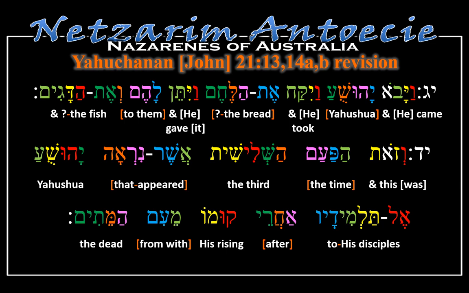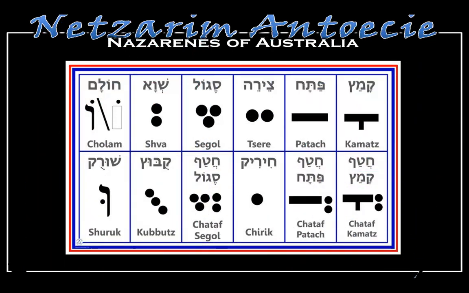And I hope you did okay in going through the revision there. And of course, we always like to look at the vowels just so that we have a remembrance of their names and how they're used. So we'll just choose the top line today. It's a cholam. So as we hear from the first vowel sound, that's the sound of the vowel. It is cho, so it gives us the O sound. And then we have shava.